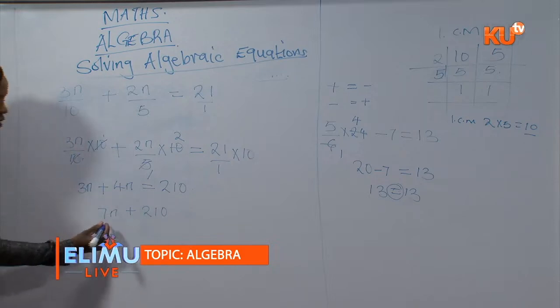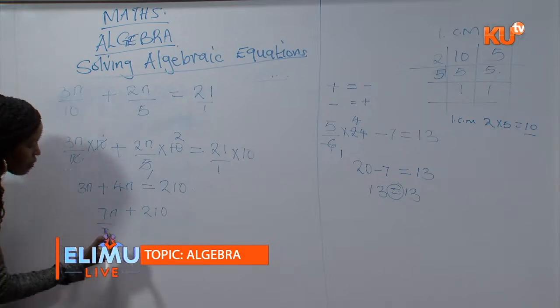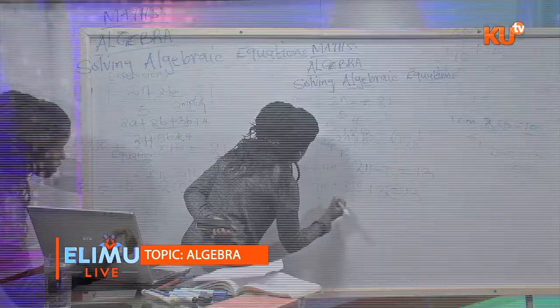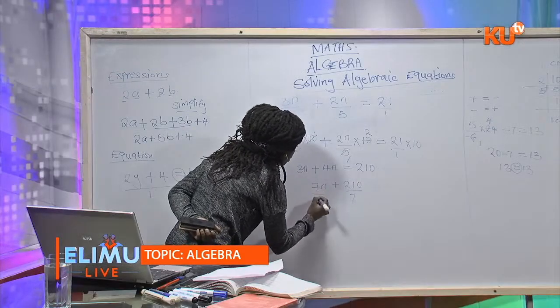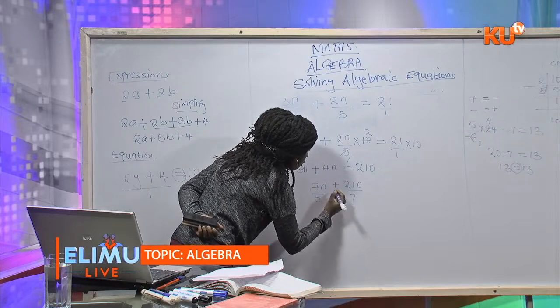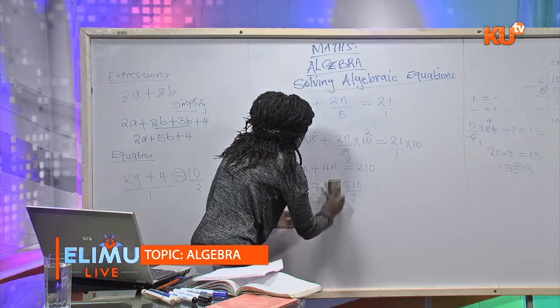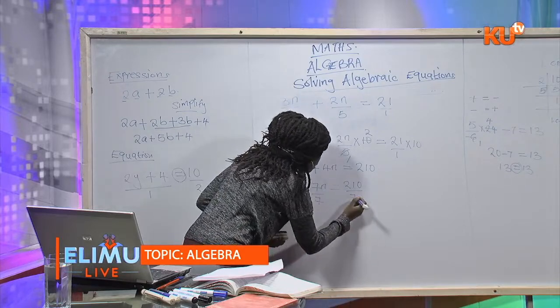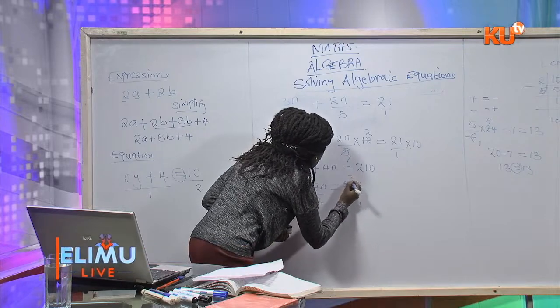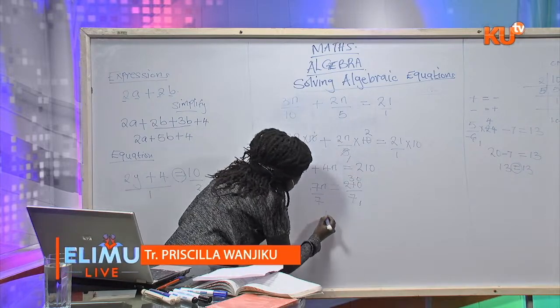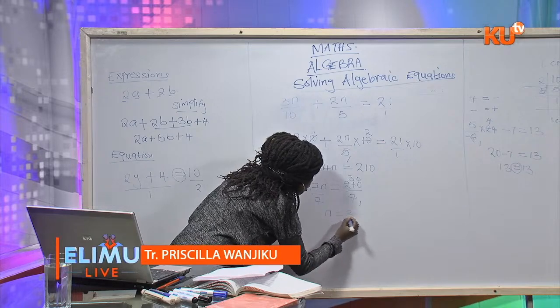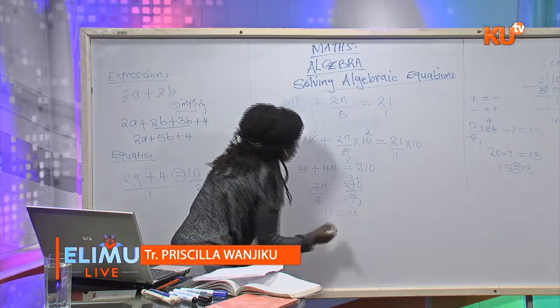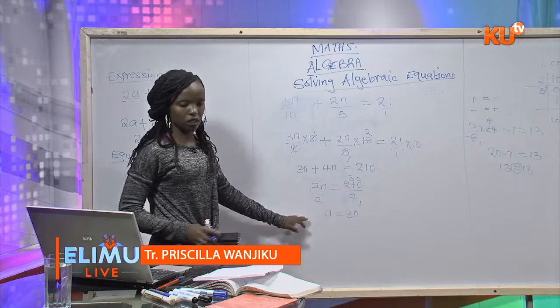So I want to remain with n, so I divide by 7, the other side by 7. So by 7, 1, 1. By 7, 1, by 7, 30. N is equal to 30. So the value of our n is 30.